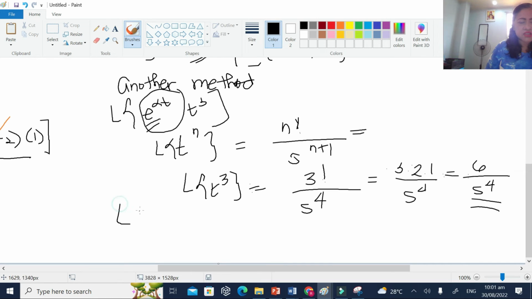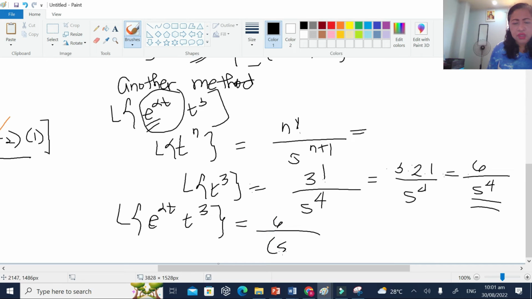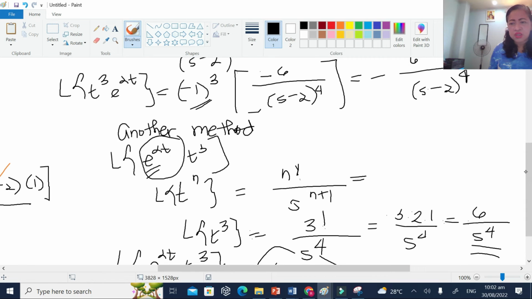So, the Laplace of t cubed e to the 2t will now be equal to 6 over s minus 2 raised to the 4. You just shifted it, it is easier.